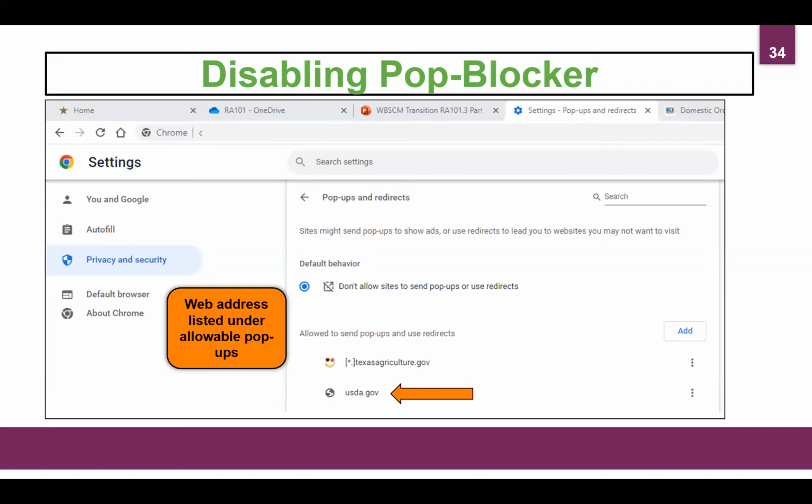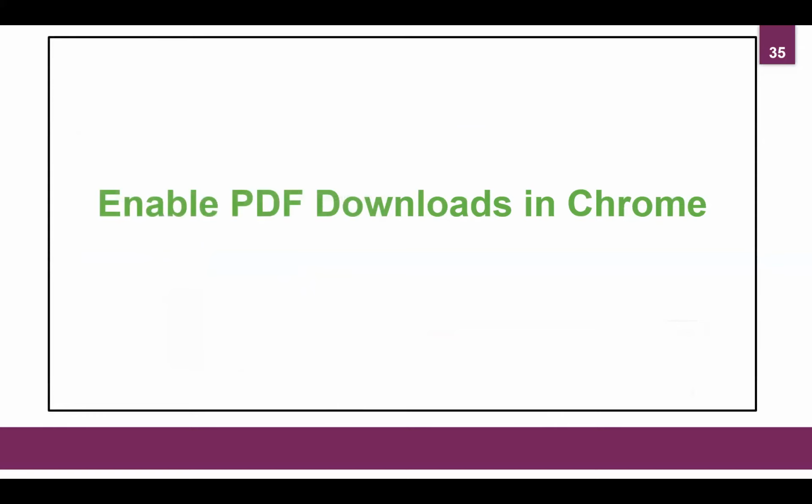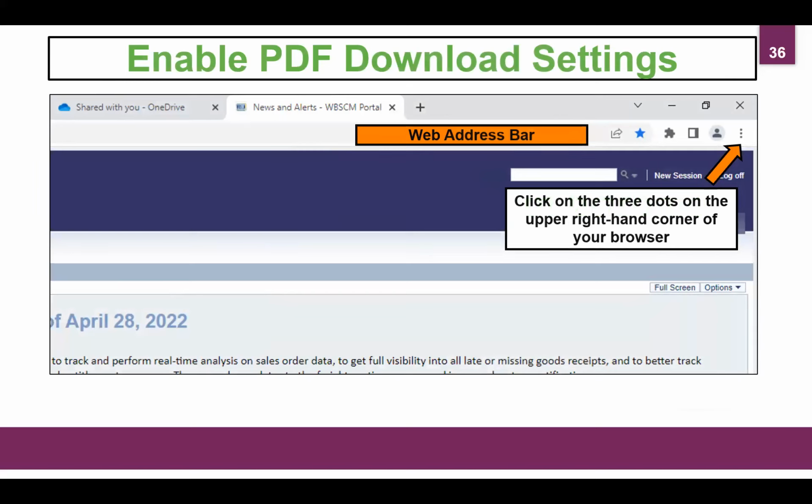Okay. So now let's talk about enabling PDF downloads in Chrome. So again, this is to allow for WebSCM to download reports in the PDF format. So again, we're going to use our three buttons on the upper right-hand corner of your browser.